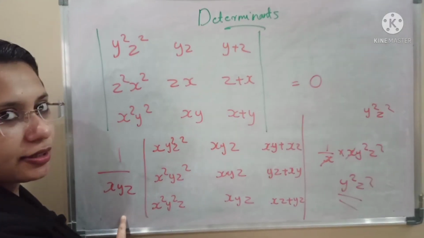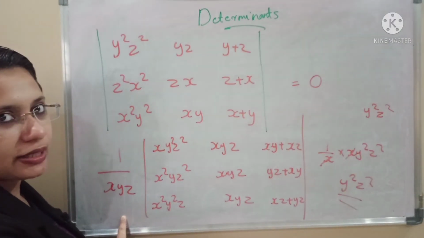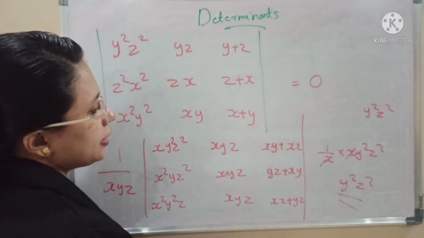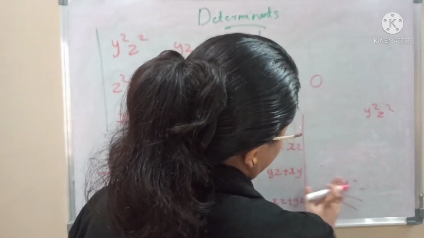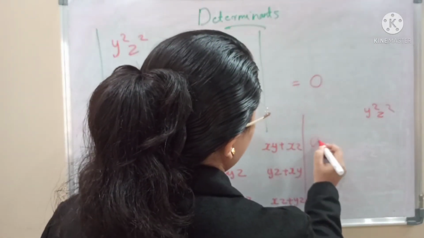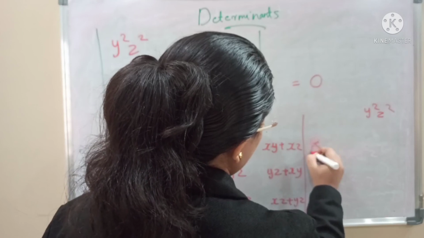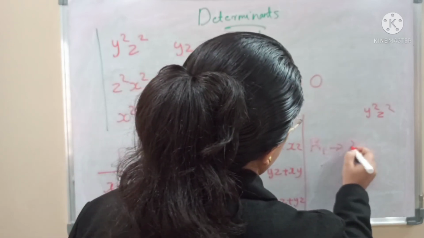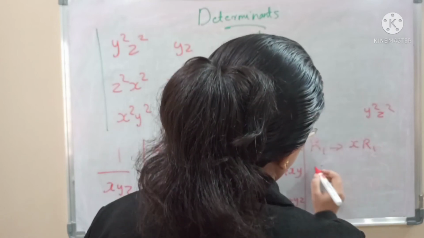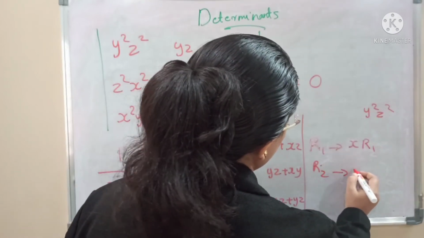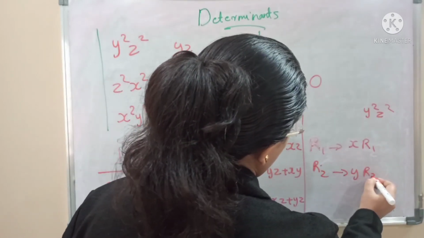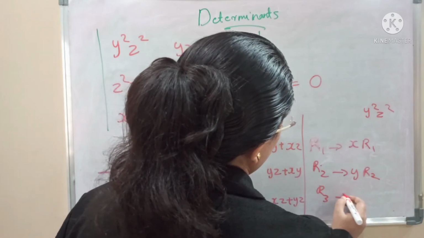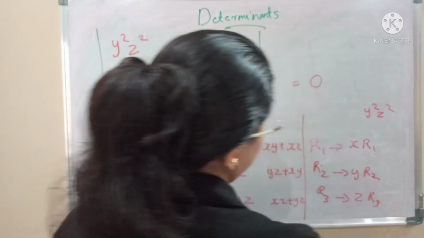Write like this, okay, taking 1 by xyz outside, or you can just write a comment as r1 you are changing to x r1, r2 changing to y r2, r3 changing to z r3.